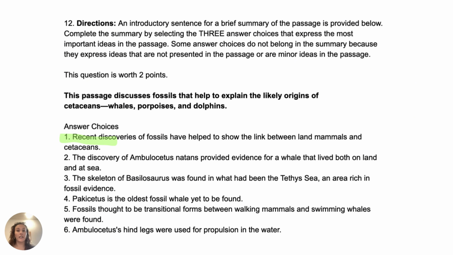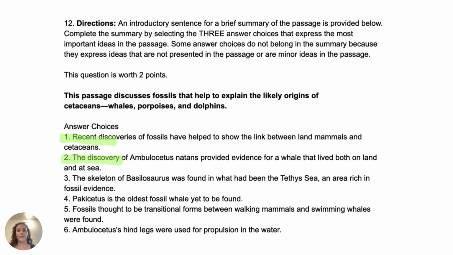It's about the evolution, the link between land mammals and cetaceans. Now, choice 2. Should choice 2 be included in our summary? Yes, we want to include choice 2 as well because it's factually true and it's the main idea.